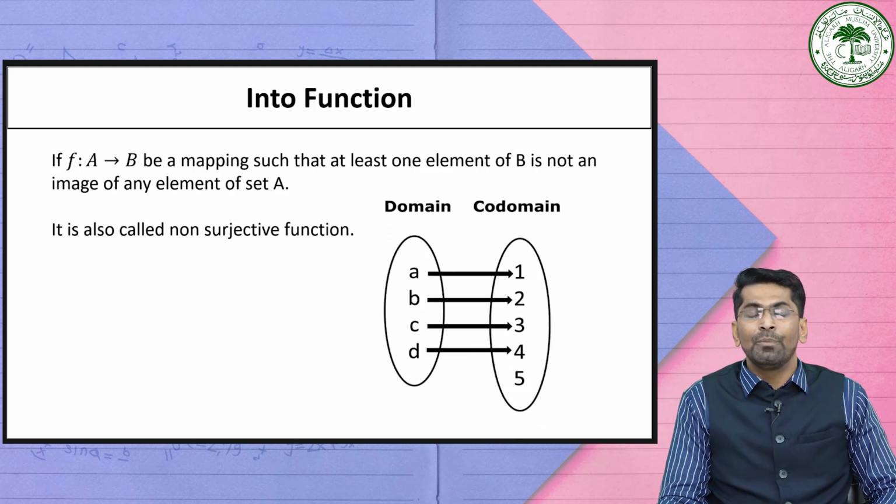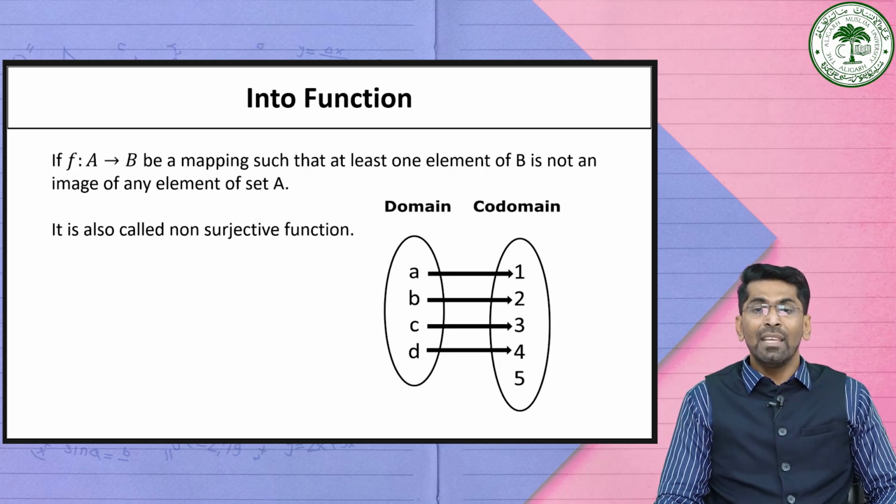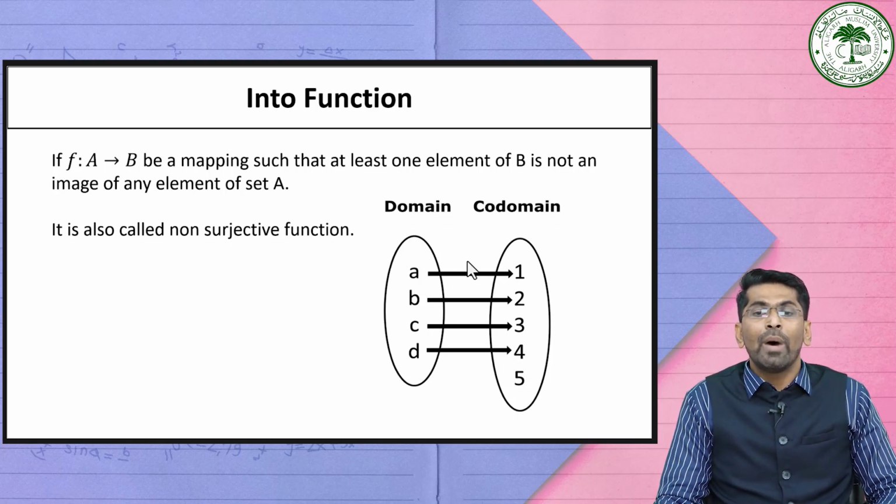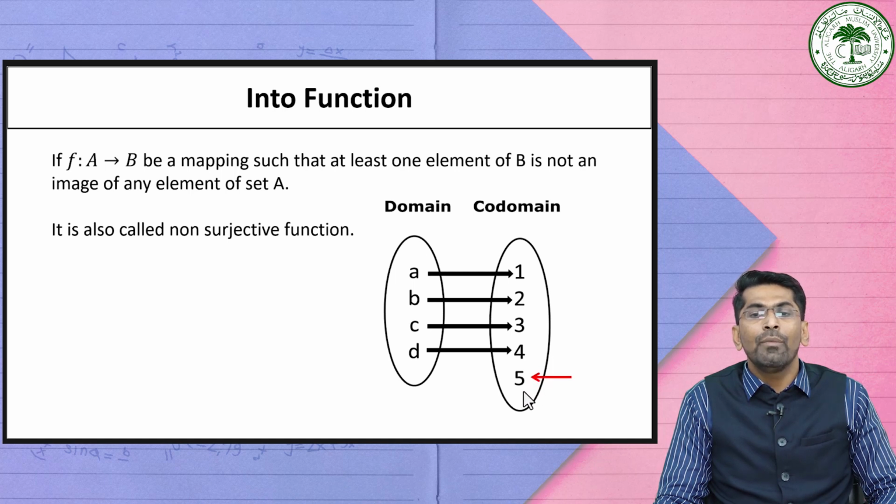Consider one mapping diagram so that it will be more clear. See here, every element of the domain is related to the first four elements of the range. A is paired with 1, B with 2, C with 3, D with 4. So, the first four elements in the range are already paired. Accordingly, we can say that this relation is a function, no doubt. However, the fifth element in the codomain, that is 5, is not paired with any element of the domain.